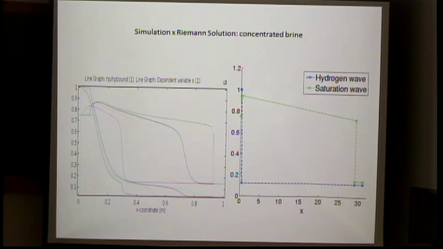So there is a shock displacing the oil. There's a smooth wave behind. There's something that you don't see, but the theory says it's a constant state. So there's a constant state behind. And then there is a hydrogen wave, which is a chemical wave, which is this one. That's the simulation. That's what it does. And it does displace oil.